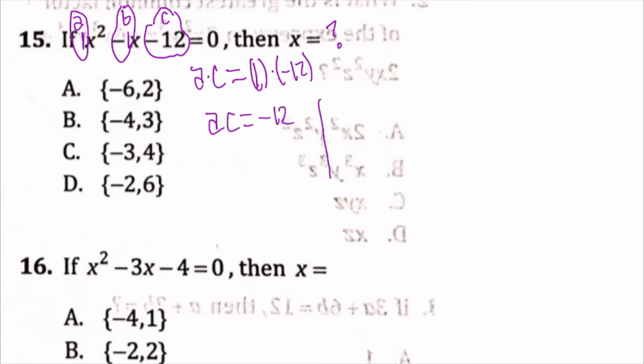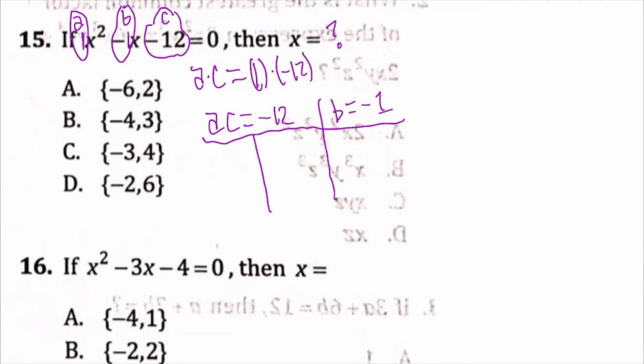Now I have to find two numbers that multiply to -12, but add up to -1. So B equals -1.